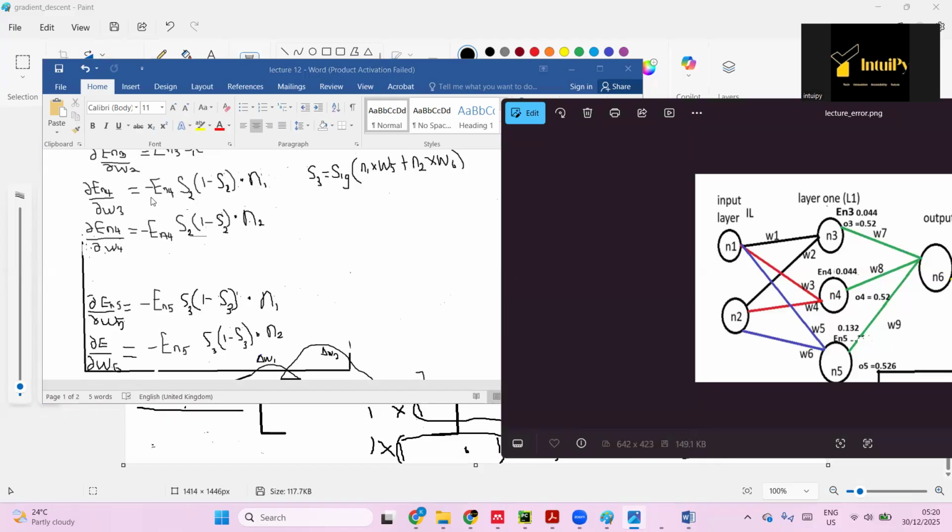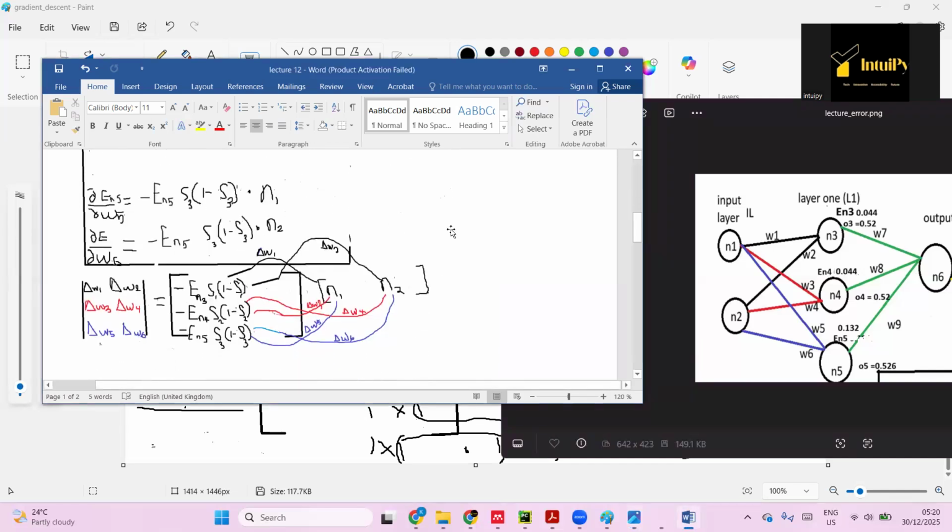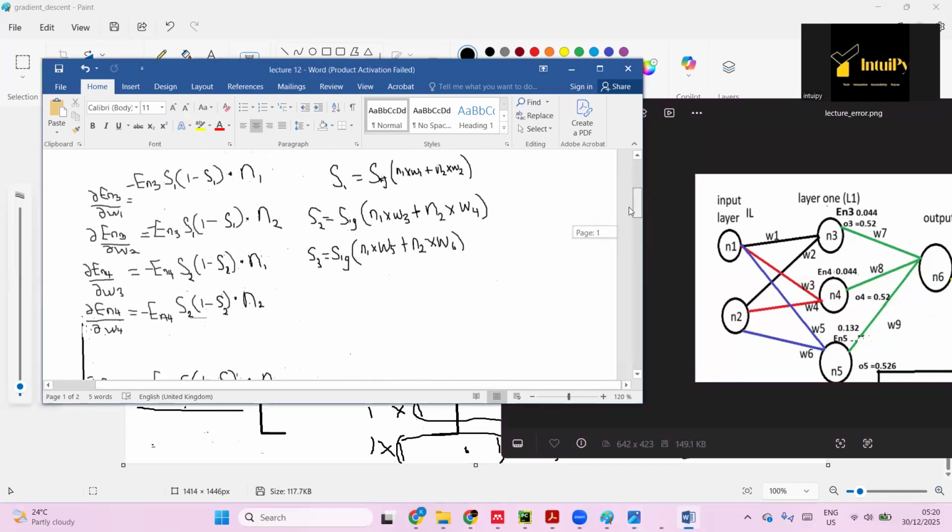So you can see minus EN4, that's the error in front of it. And S2 here means N1 times W3 plus N2 times W4. So you look at the nodes that connect to this node.